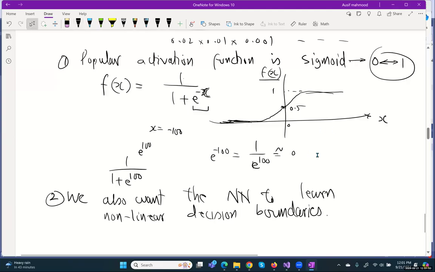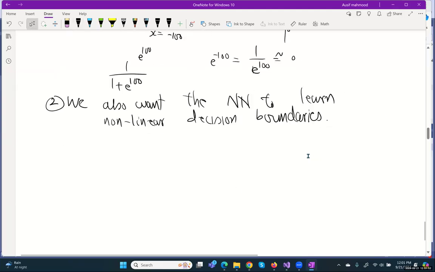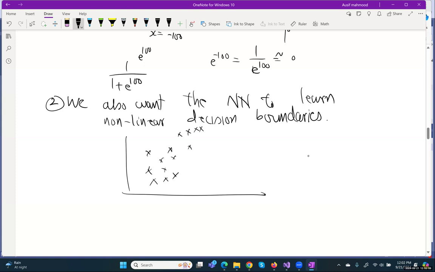So for example, let's say you are given some data, and the data looks like this: there are some X's. Let's pretend it's two-dimensional data. And O's.